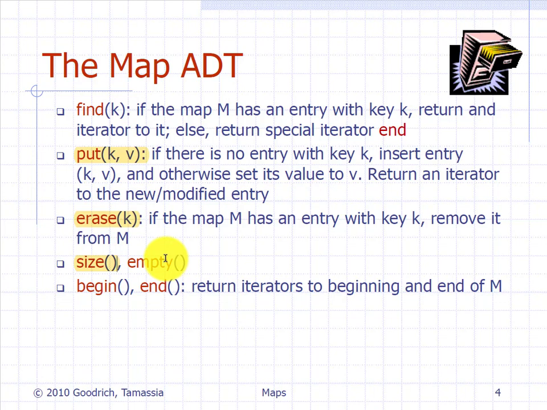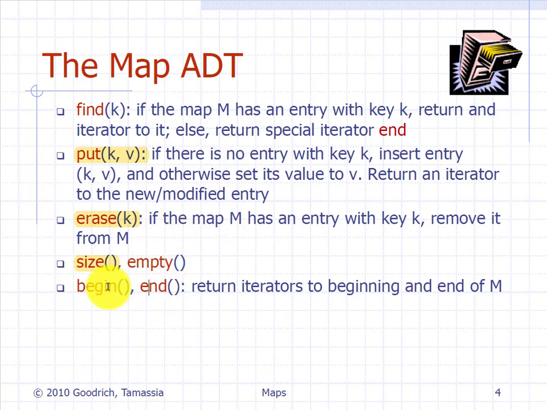That's another way of doing it. For the method empty, all we need to do is check the value of the counter. If the counter is 0, then we can return true. It would be empty. And if it's not 0, then empty returns false.